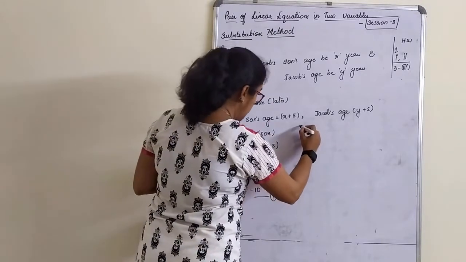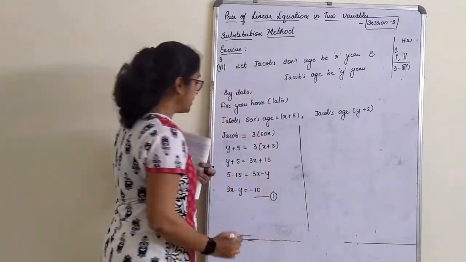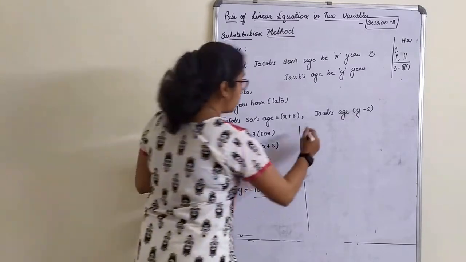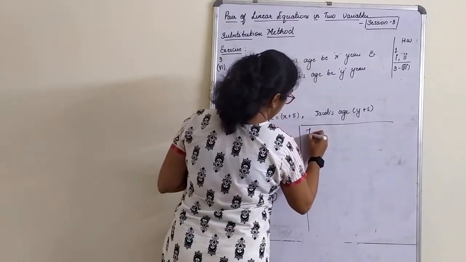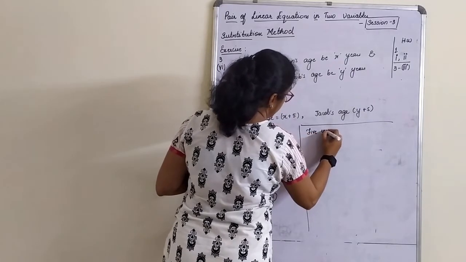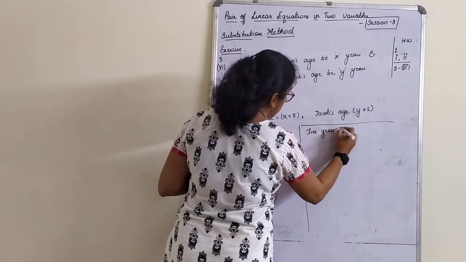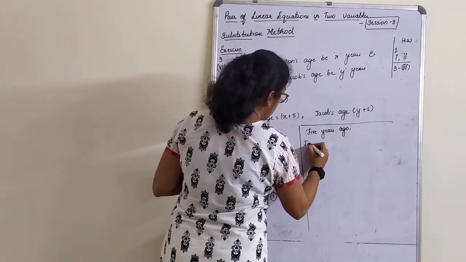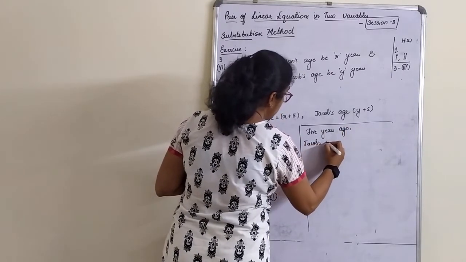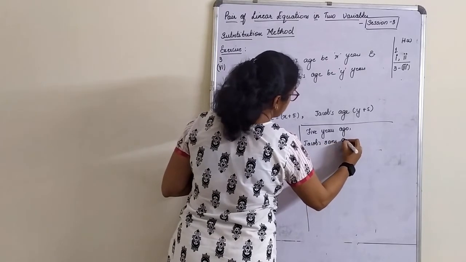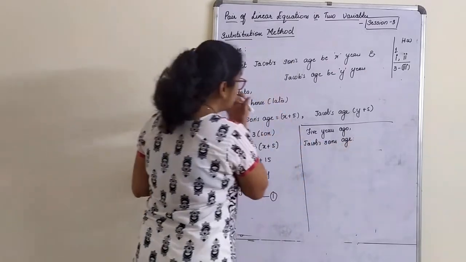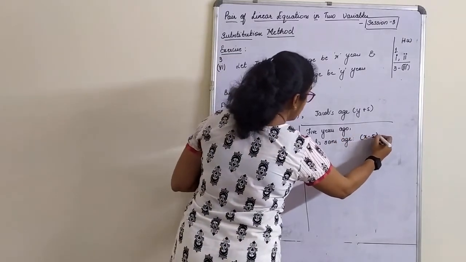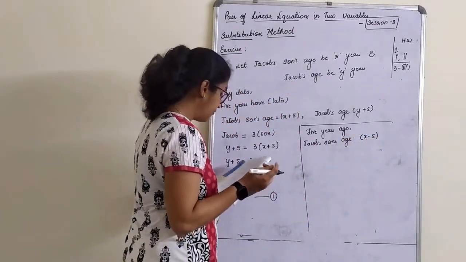So I'll just write beside this now since I do not have a space. Second equation what they have given here is 5 years ago. So what will be Jacob's son's age? Jacob's son's age will be x minus 5. 5 years ago only, no? Yeah, 5 years ago.